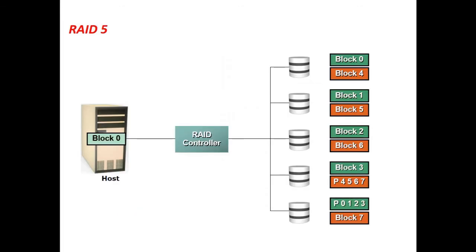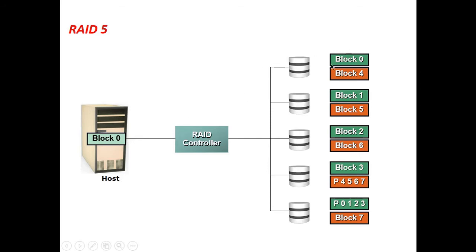Again, an animation for RAID 5. A block of data will be sent from the host and received by the RAID controller. It stripes the data, computes the parity, and stores this data across all the existing hard disk drives. Suppose block 0 of data needs to be updated.